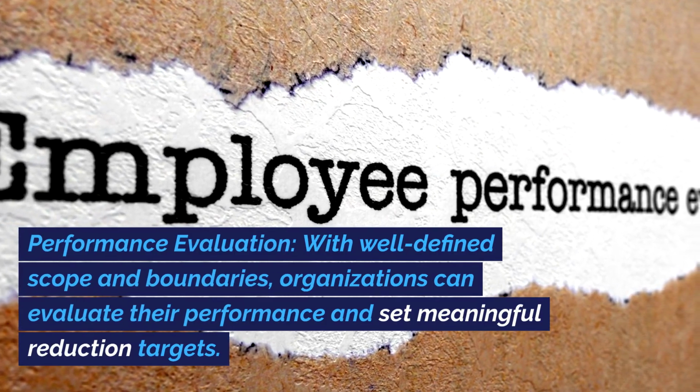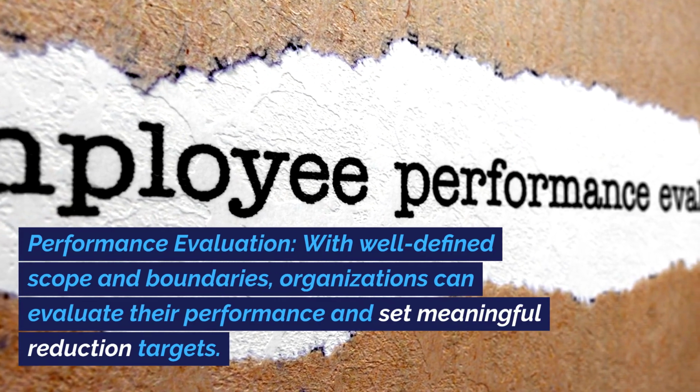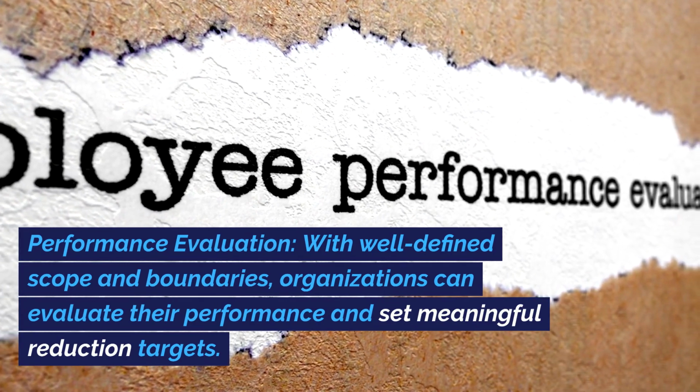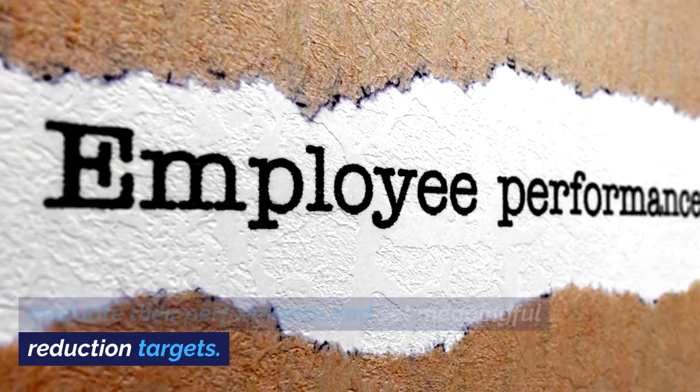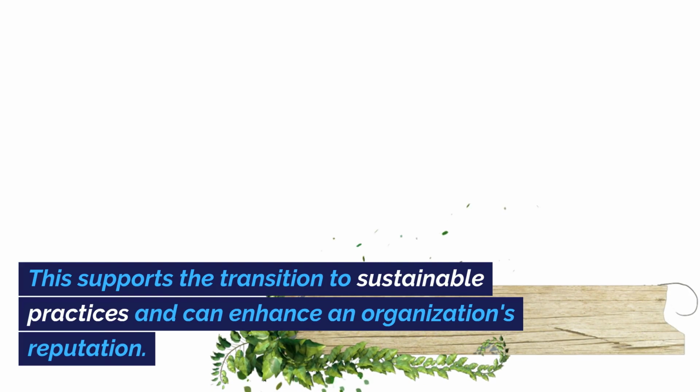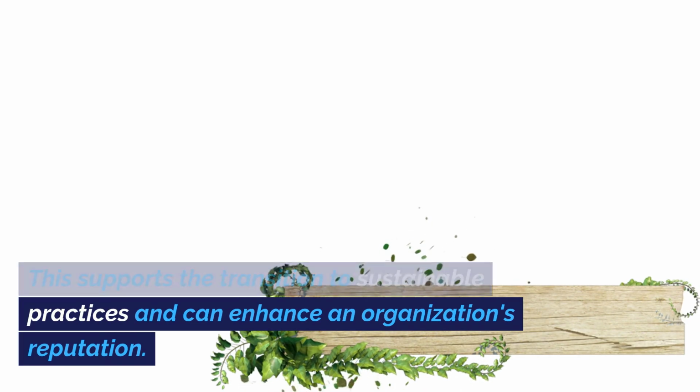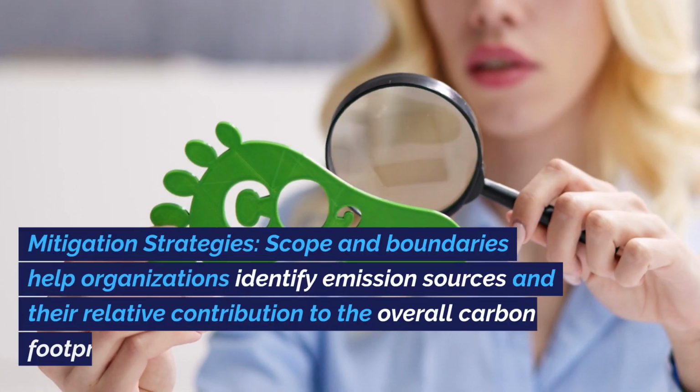Performance evaluation. With well-defined scope and boundaries, organizations can evaluate their performance and set meaningful reduction targets. This supports the transition to sustainable practices that can enhance an organization's reputation.